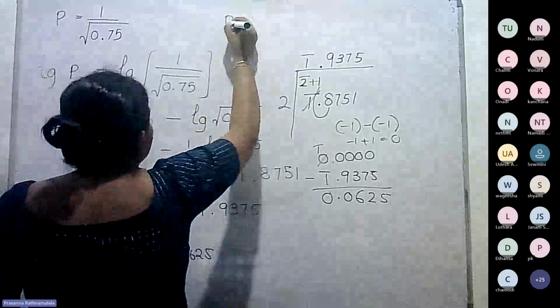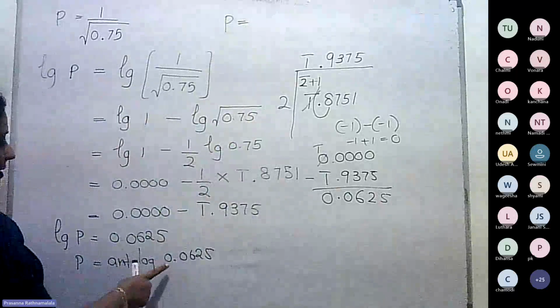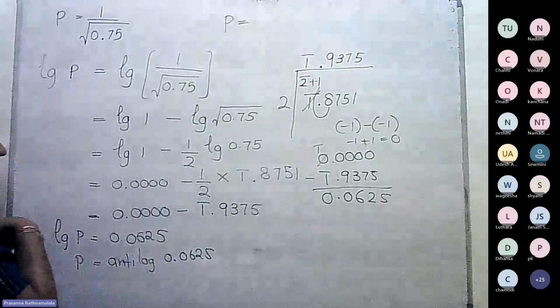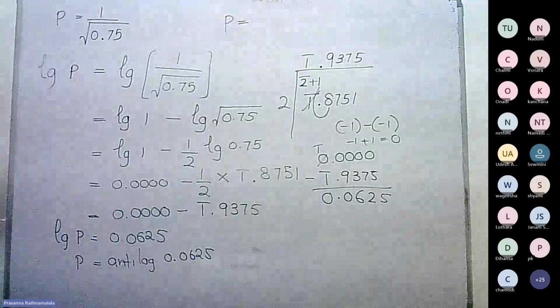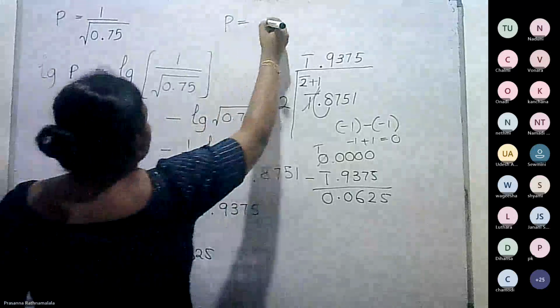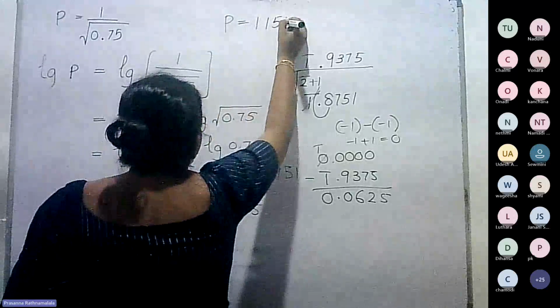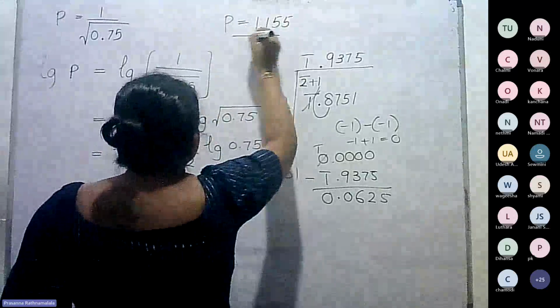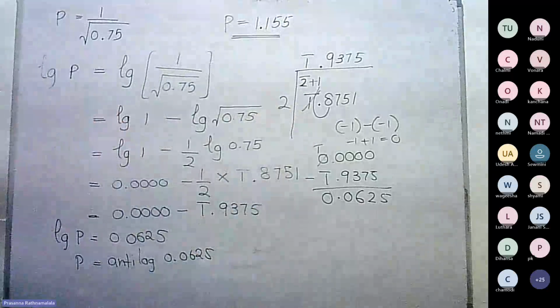P equals the antilog of that, 1155. Now 1.155.